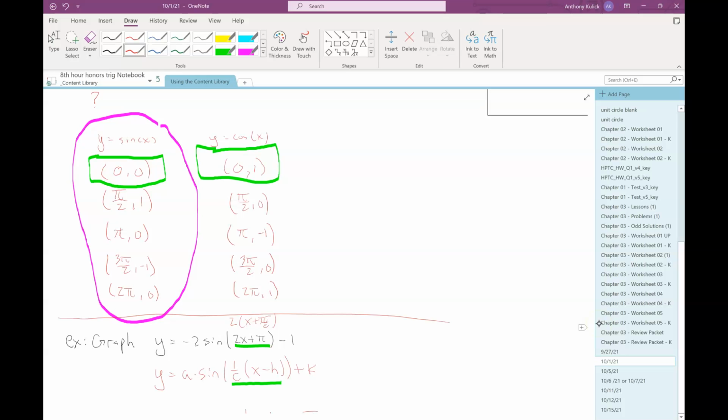If I go look at the parent function, that's half a unit, half a unit, half a unit, half a unit. They're all the same distance apart: max, midline, min, midline, max. That's a property of these graphs, and that's why the wave looks symmetric. Do you know what I mean when I say symmetric? Yes.